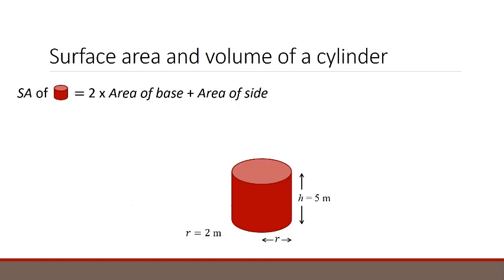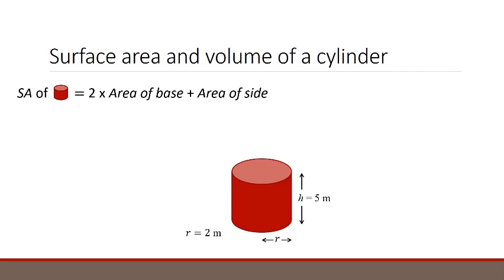The surface area of a cylinder is found by twice the area of the base plus the area of the side. Now the side, that's the darker red. If you imagine again cutting it from top to bottom and stretching it out, flattening it, it'll become a rectangle. The length of that rectangle is the same as the circumference of the circle on the top.